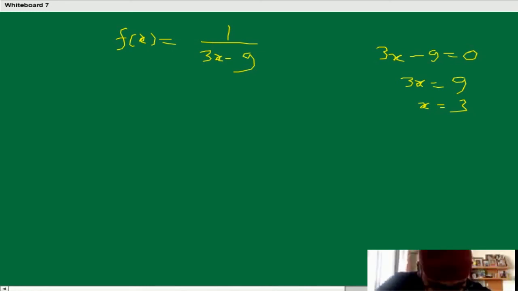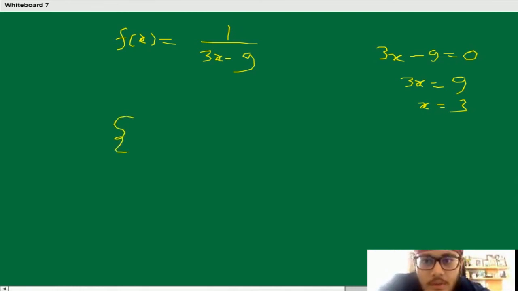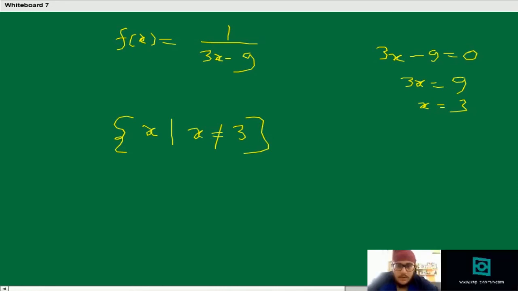First we have the brackets, sir. So it means we should write like this: x is an element where x cannot be equal to 3. Perfect. So it's clear now, Manu? How are we supposed to do this? Yes, sir.